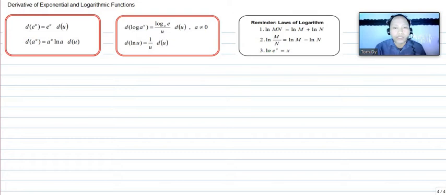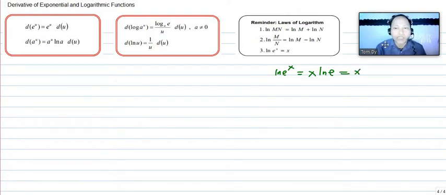And then take note also that ln of e raised to x is equivalent to x, because ln of e is equivalent to 1. Actually, this one can be rewritten as x ln of e. And then ln of e is equivalent to 1, therefore it is now equal to x.